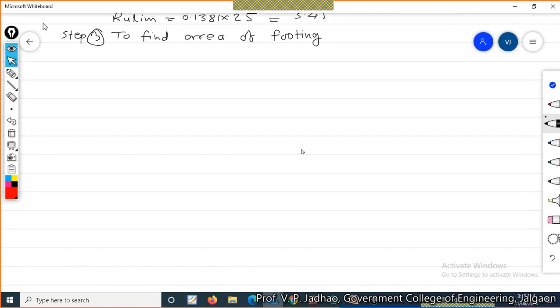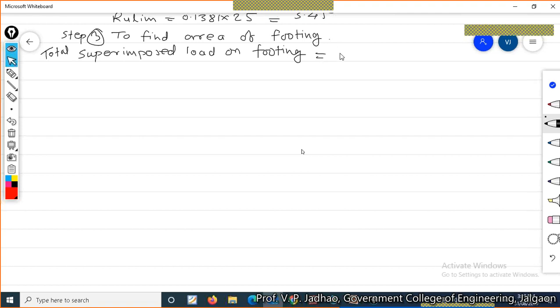Now the total load or superimposed load on this particular footing, the total superimposed load on this footing, is equal to W1 plus W2.